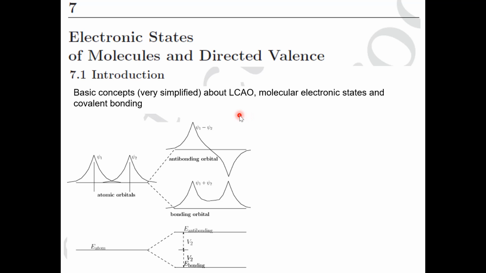Of course, you can go a long distance with this approximation, but for the purpose of introducing the concept, I will take the simplest possible case, for instance a hydrogen molecule, or even simpler, the H2 plus molecular ion. So 2 protons and 1 electron.